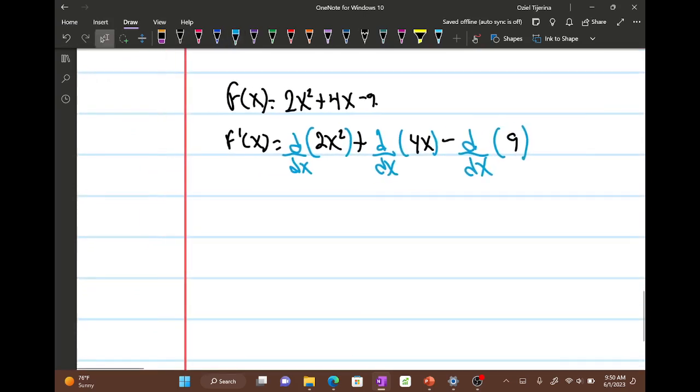So obviously, like we said, there's the power rule, right? Look at d dx of 2x squared.